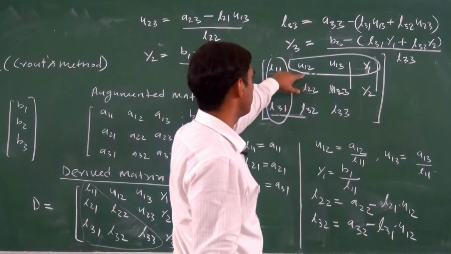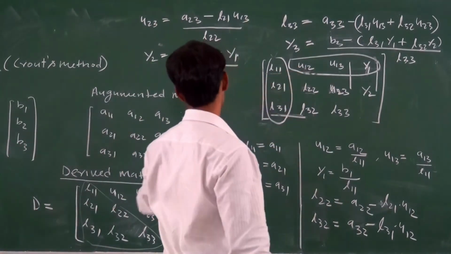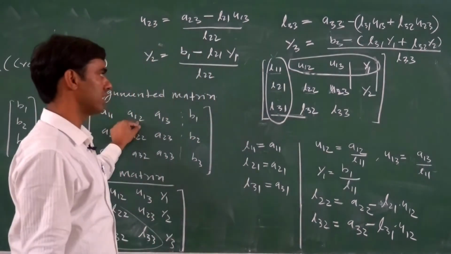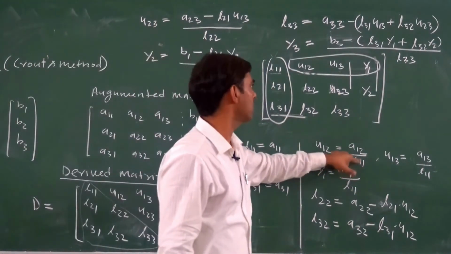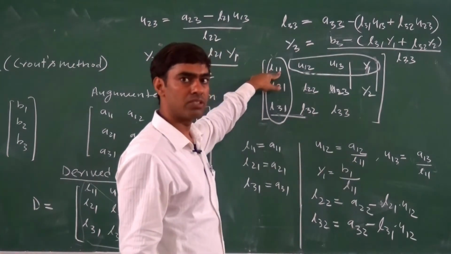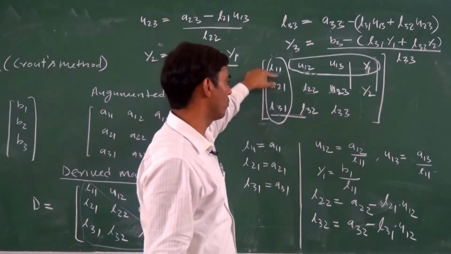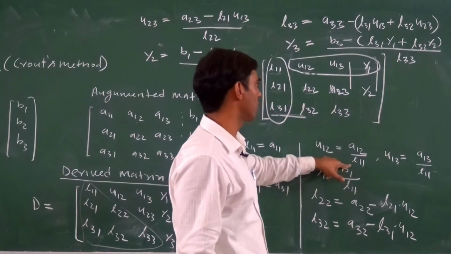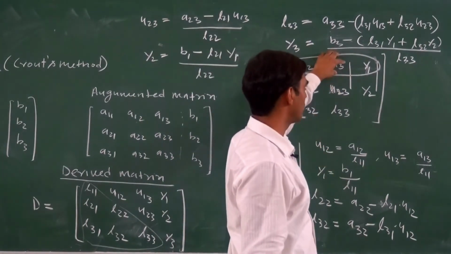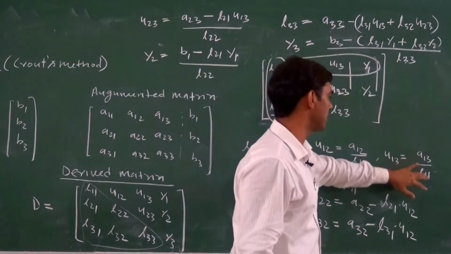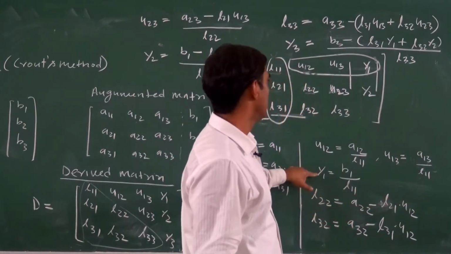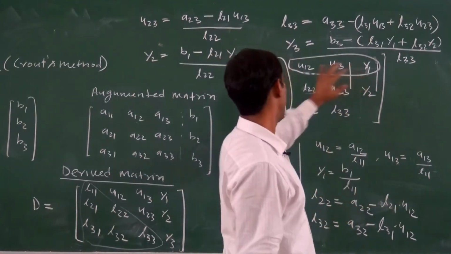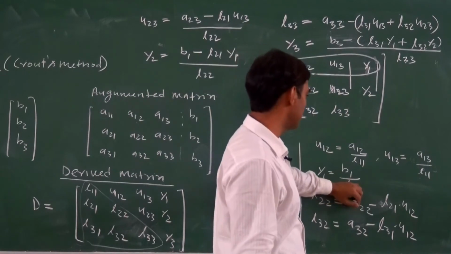So how do we find U12? The corresponding value in the augmented matrix, A12, divided by the leading diagonal element L11. U13 is A13 divided by L11, and Y1 is B1 divided by the diagonal element.